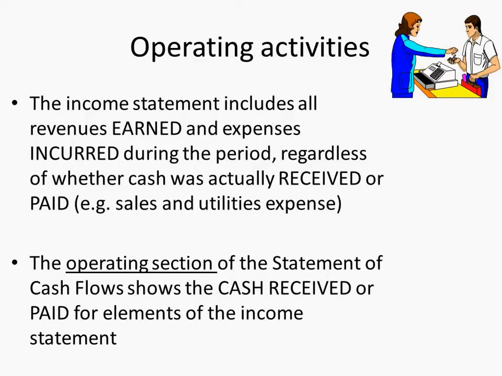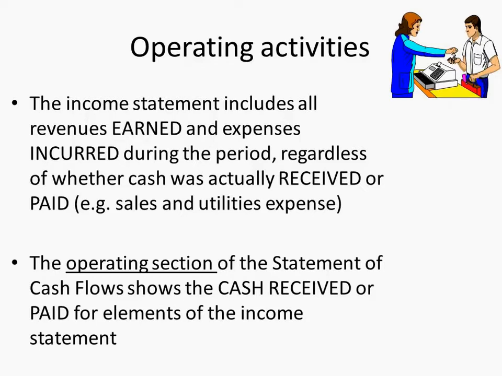So regardless of whether or not accrual basis tells us what we actually earned during the period, what we actually incurred during the period, that's all lovely and very important. However, without cash, you cannot exist. Without having cash to pay your bills, you will become insolvent.